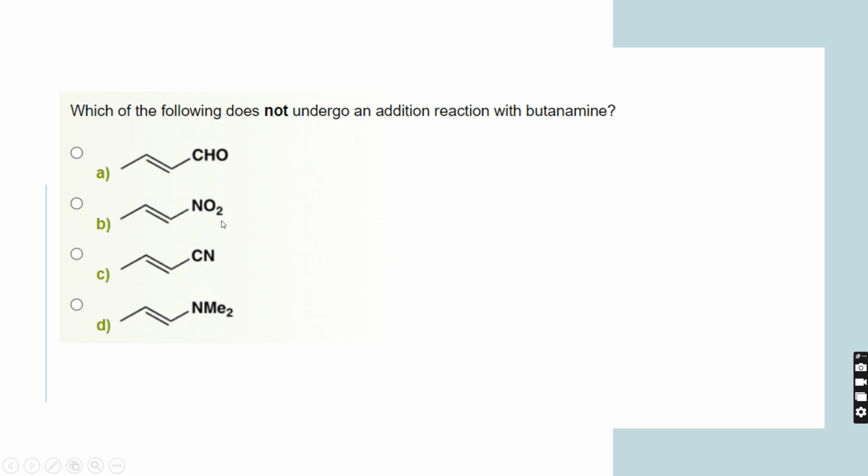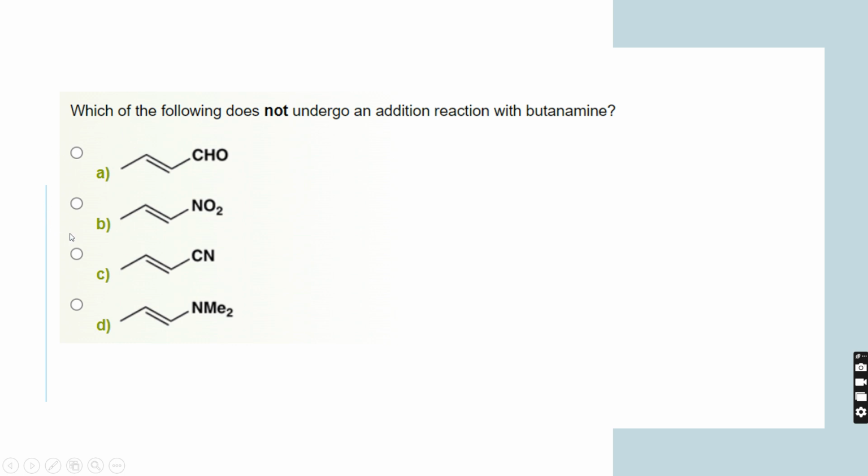Cyanide and nitro are highly electron withdrawing groups, and for aldehydes also, the electron deficient, that is electrophilic, carbon oxygen double bond of the carbonyl can pull the electron pairs of this carbon carbon double bond towards itself, thereby making this carbon center electron deficient.